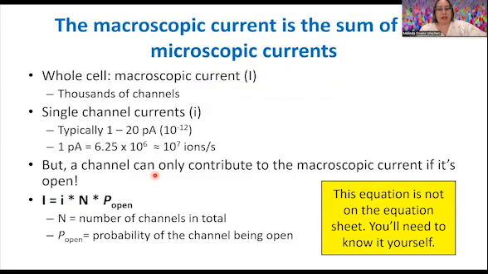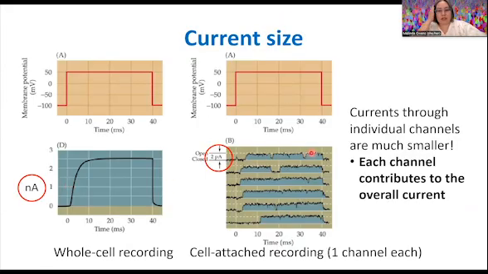But there's another factor. A channel can only contribute to the macroscopic current if it's open. And we saw here, even when the current is at its max and all the channels should be open, they aren't all. If we look at this 20 milliseconds, we see that just because of randomness, this one and this one and this one and this one and this one are open, but this one is closed just because it randomly did that.